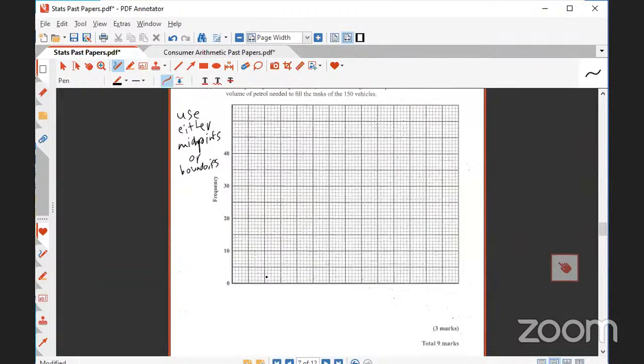So that is 0. And then I would start right there, and that is where I'd put my 10.5. And then my 20.5. And then my 30.5.